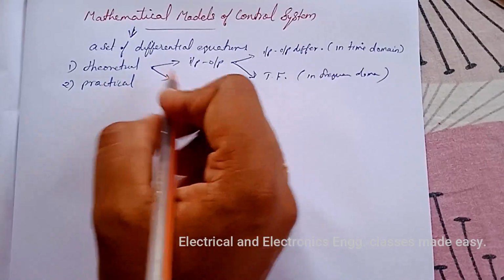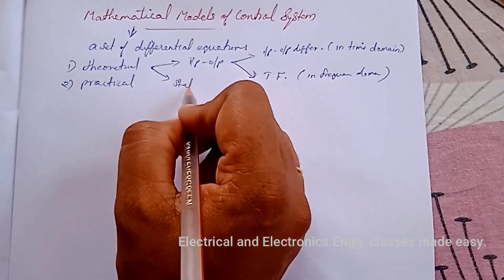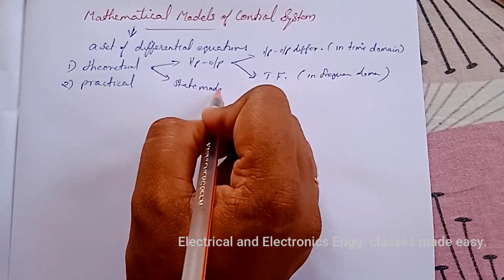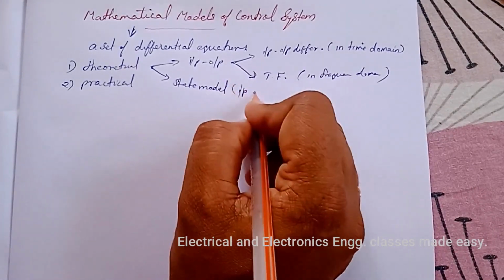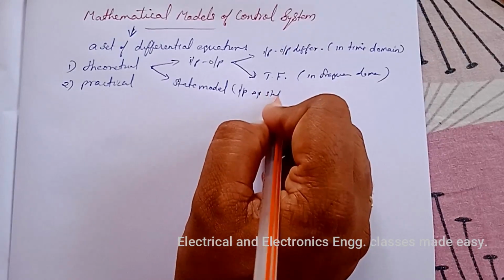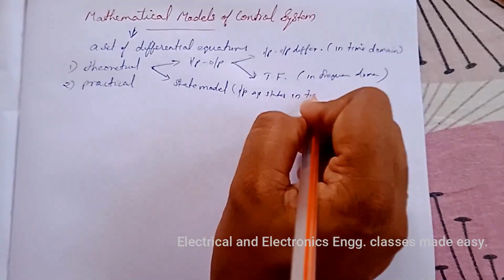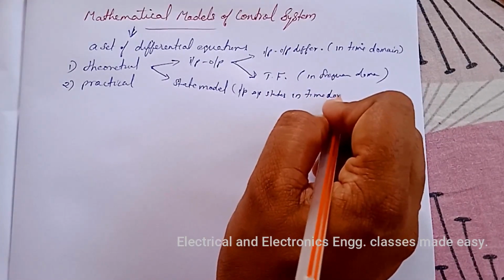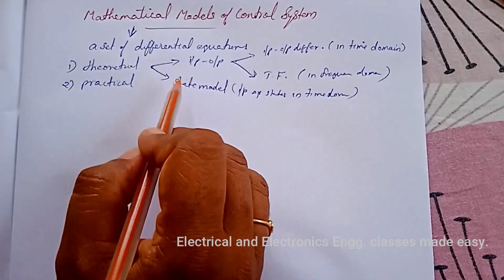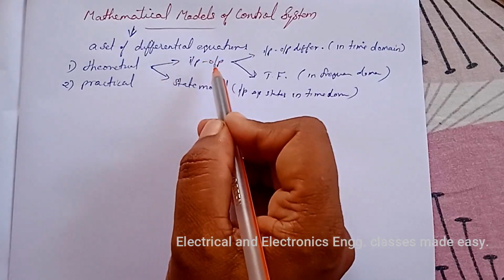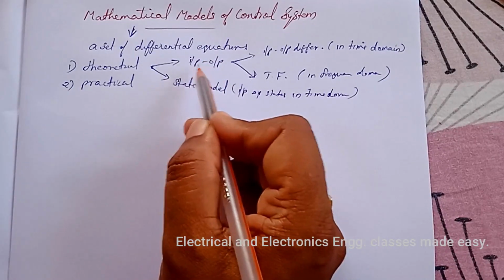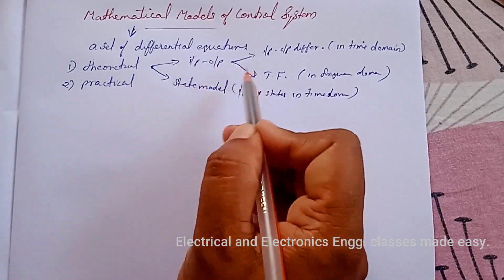Another method is the state model. State model means input, output and states in time domain. So these are the theoretical approaches for finding the behavior of a system.